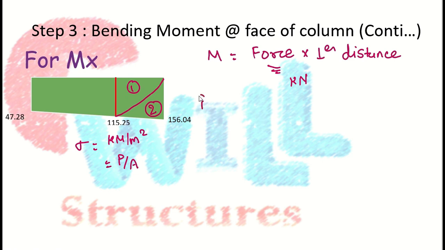Now let's start. For the area of the first triangle, 1 by 2 multiplied by 115.25, you can see here the vertical coordinate multiplied by the horizontal coordinate, and we know the value of the horizontal coordinate is 0.9 meter. Okay, so just multiply and you have the area of this triangle in 2D, but we have to calculate in 3D.